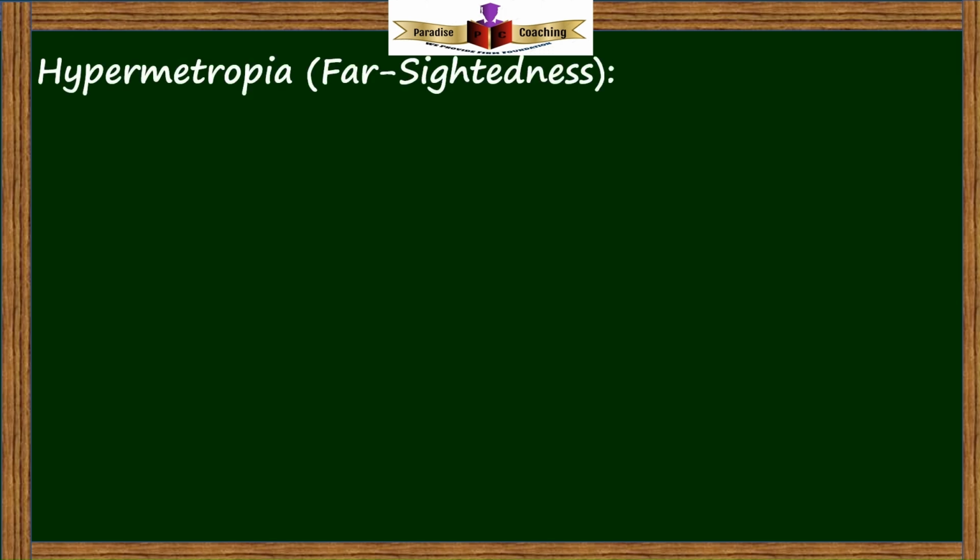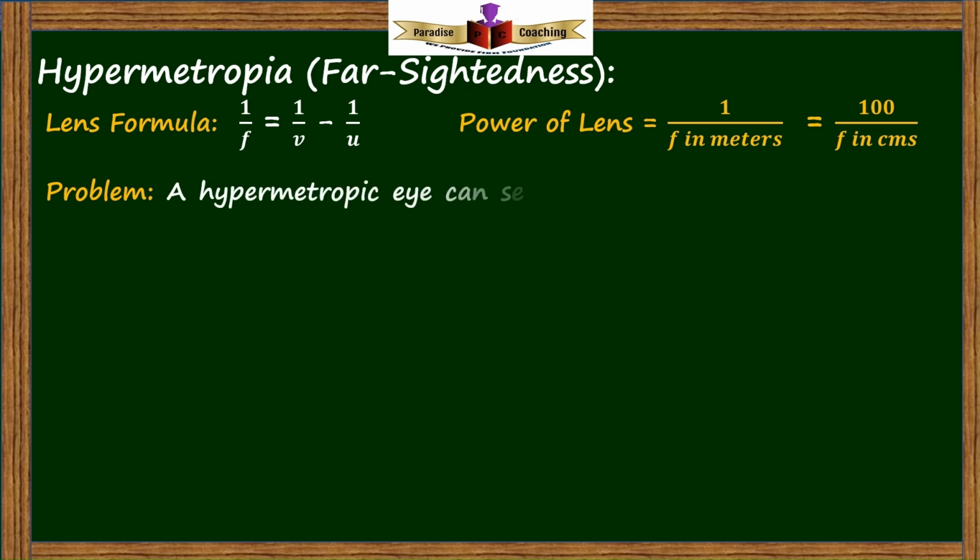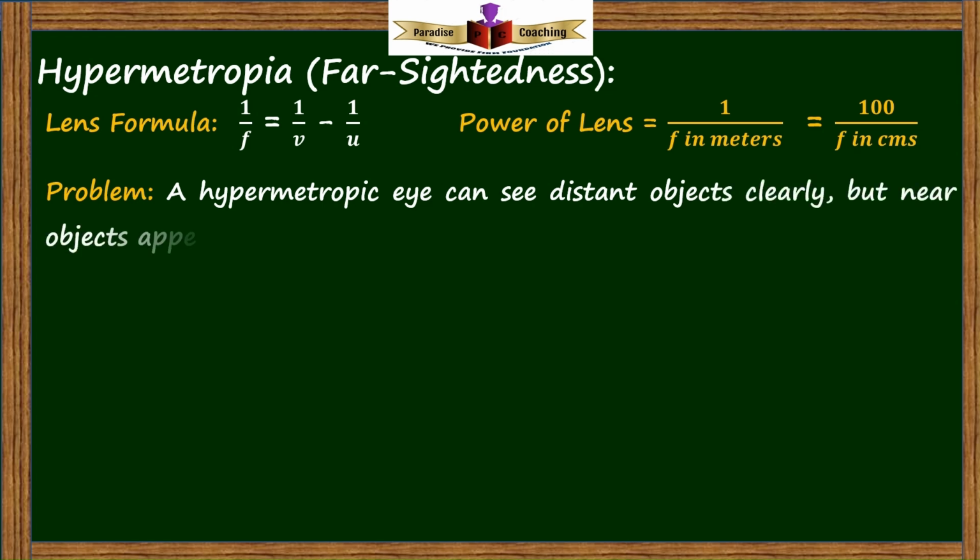Hypermetropia, farsightedness. Recall lens formula and power of a lens. Problem: a hypermetropic eye can see distant objects clearly, but near objects appear blurry because the eye focuses light behind the retina.